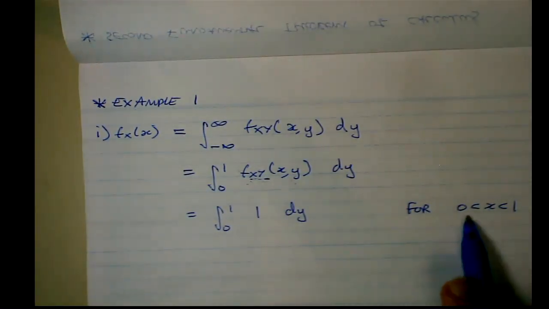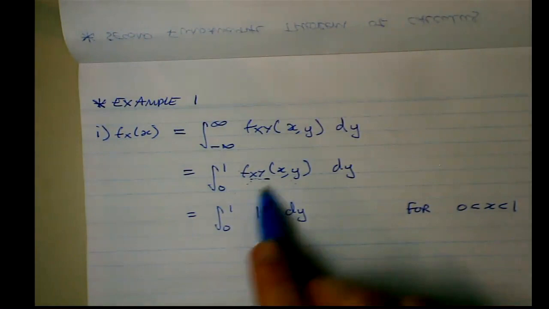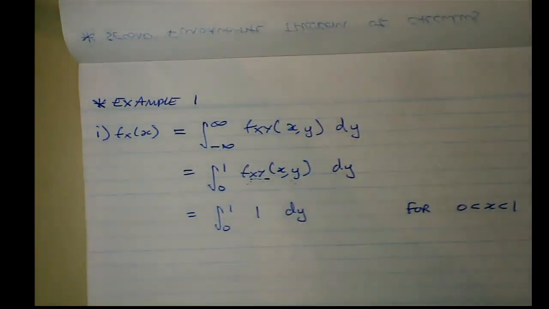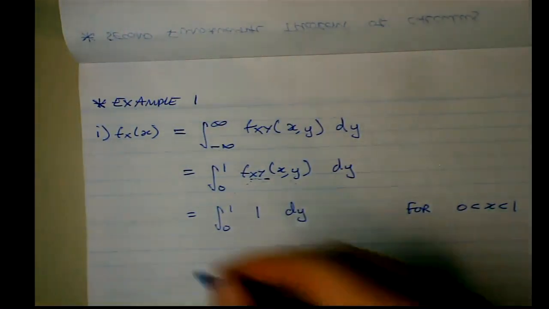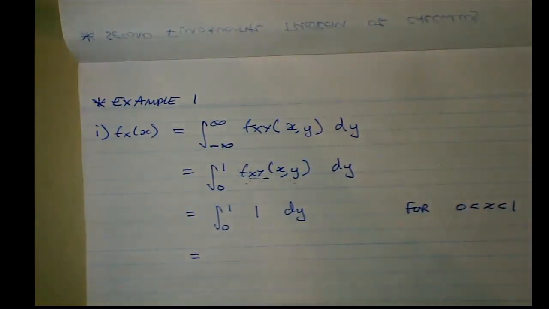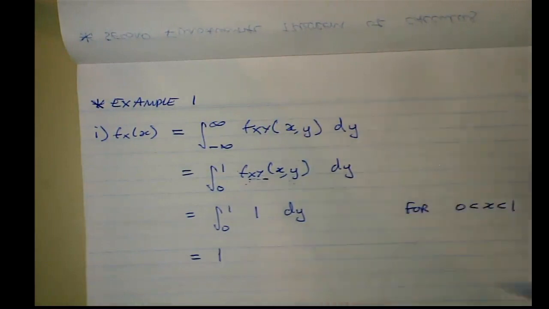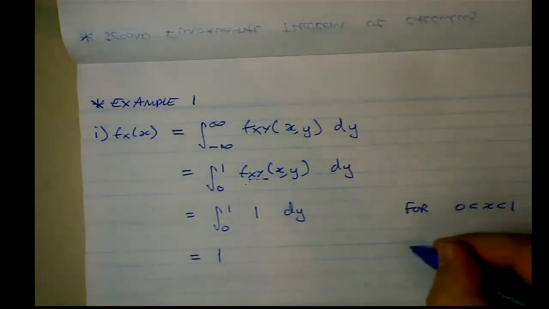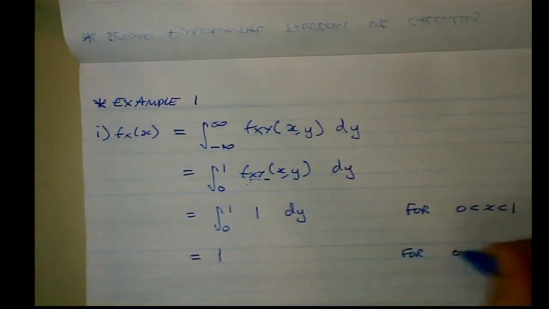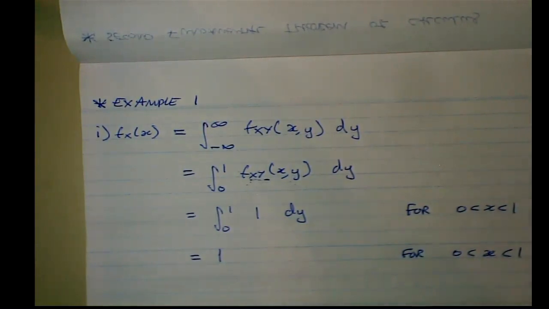We need x to be between 0 and 1 as well for this guy to be 1. So what is that? That is the integral between 0 and 1 of 1, which is 1. So it's 1 for 0 less than x less than 1.